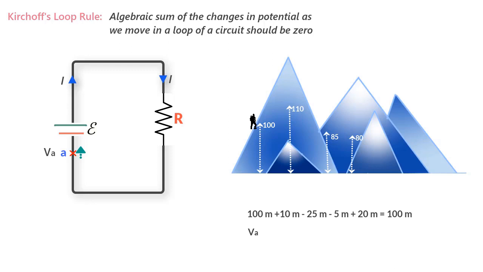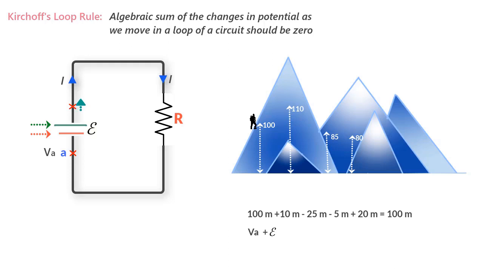Again, quite like the gain or loss in height during your trek. So let us start moving, and as the charge moves from here to here, what we see is that we have moved from the lower potential point of the battery to the higher potential, and so the charge has gained potential, and we know the potential difference is E, and since there is a gain, we will label it positive.